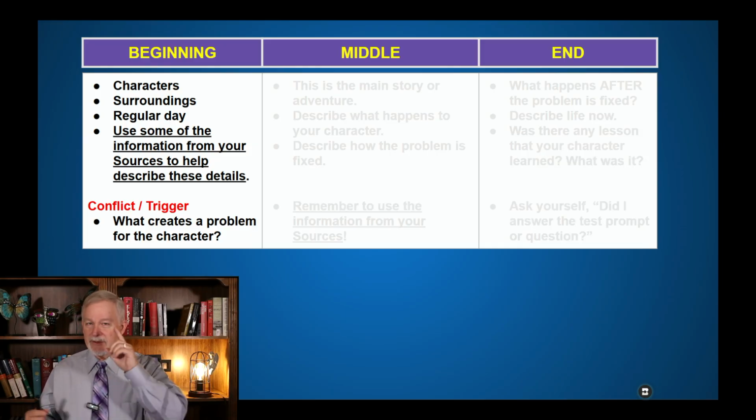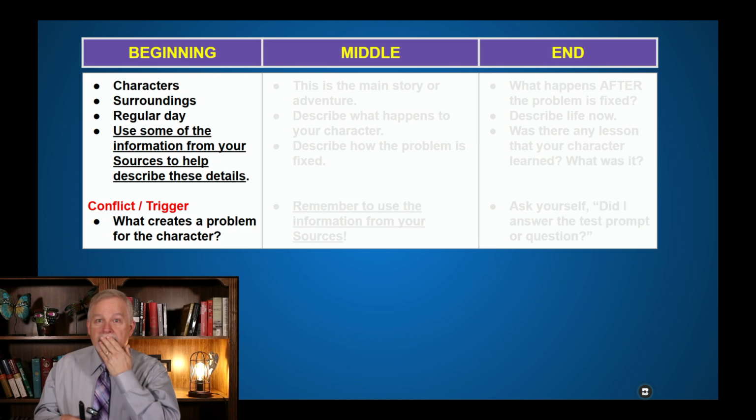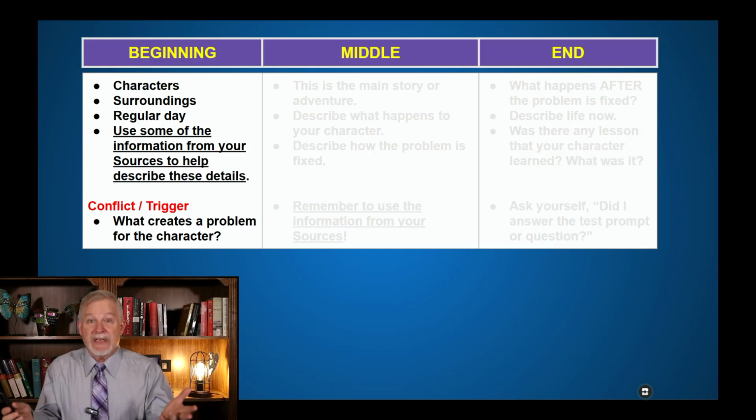Don't forget, at the very end of the beginning, you want to add a trigger, something that causes a problem. Maybe the dam breaks. Oh no, now the little beaver house has water coming into it. What are the little beavers going to do? There's a problem.